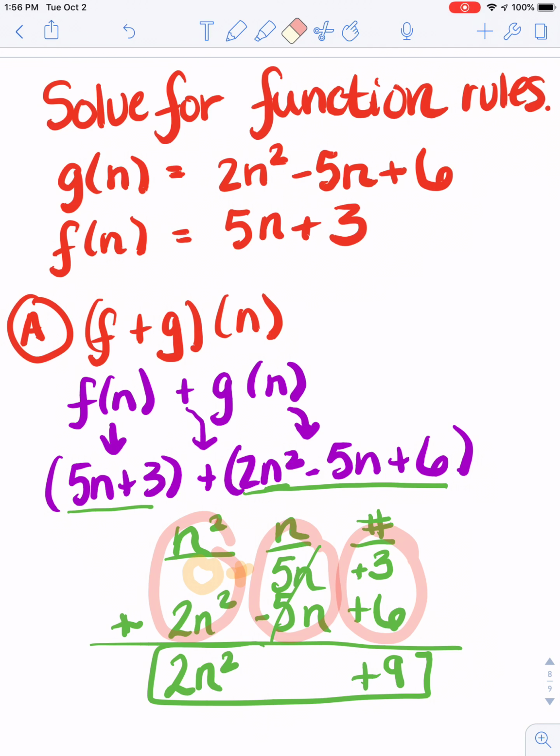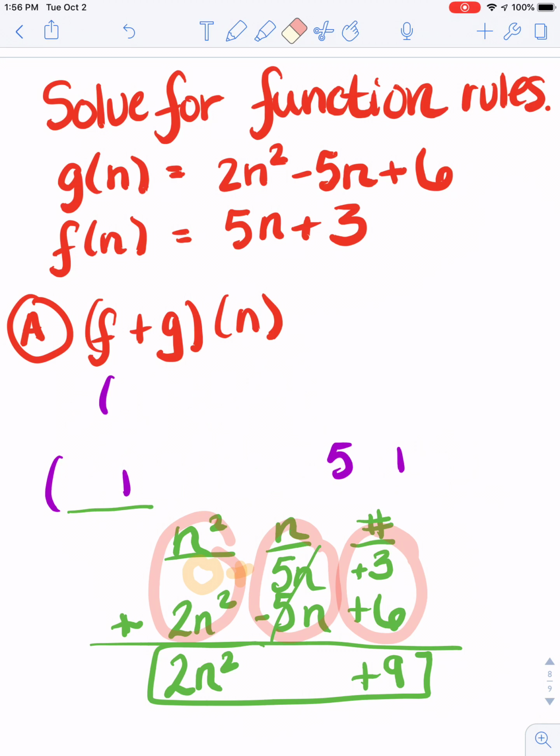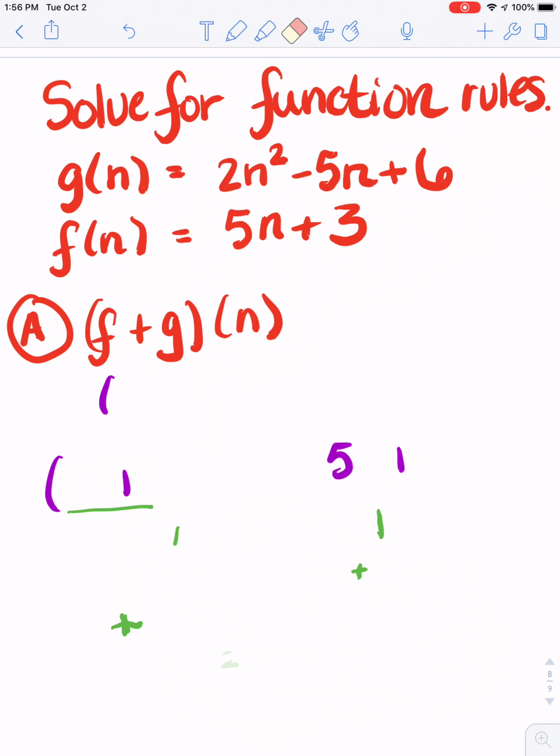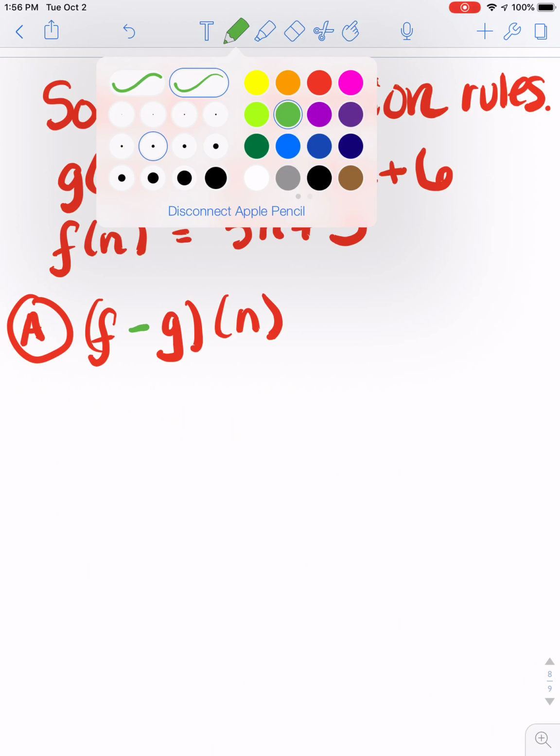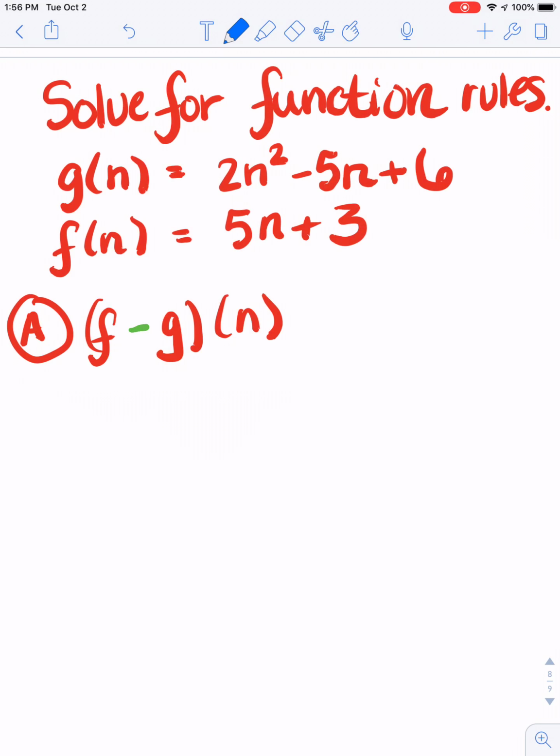Okay, now I'm going to use the same information, except instead of add, I'm going to do subtract. So remember, order really matters. So f has to come first. So 5n plus 3 starts first. Oh, wait.